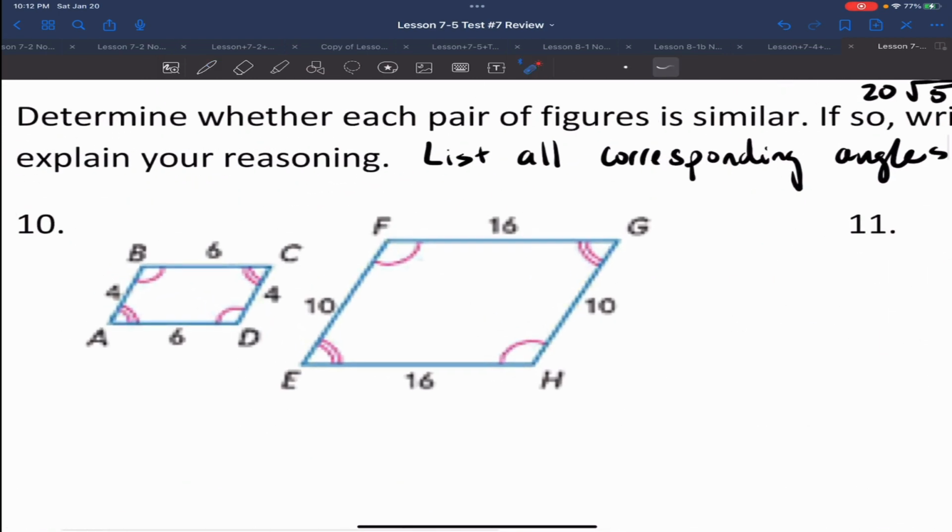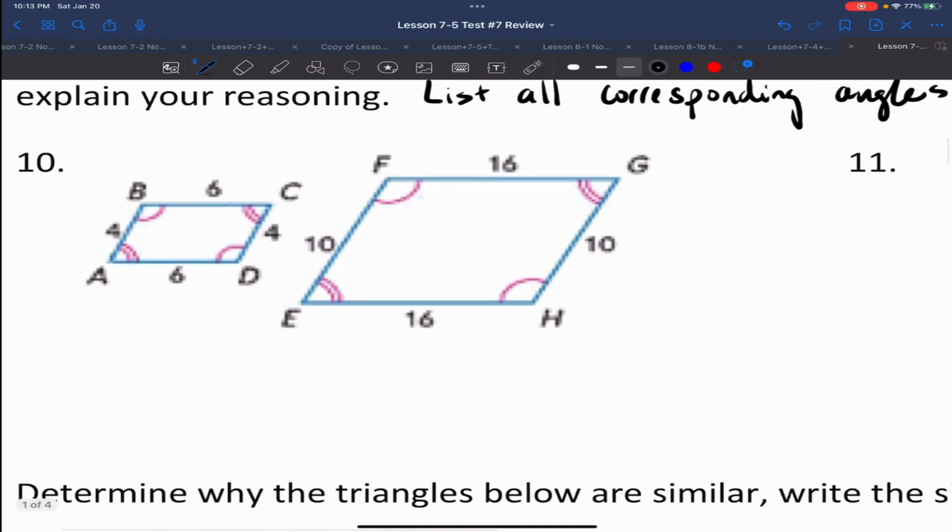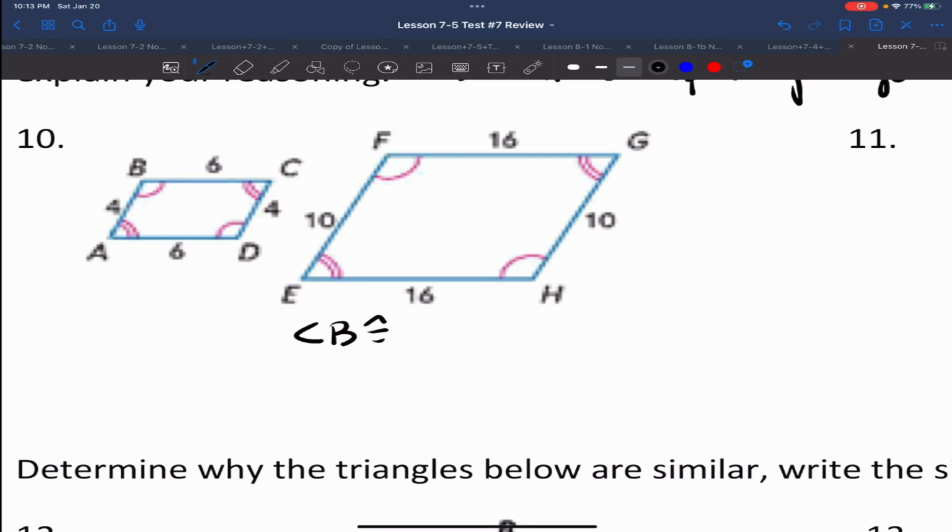I can see that angle B and angle F, they are congruent, they have one arc, and they're also on the top left corner of each figure here, respectively. Well, I can say angle B is congruent to angle F, and that's the same thing with angle C and angle G. And what else we have?